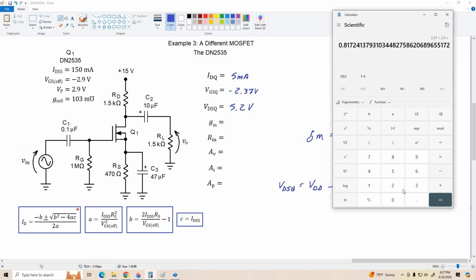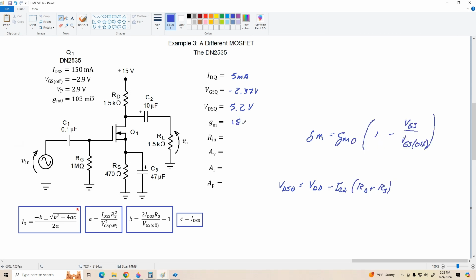We'll subtract 1, ignore the negative sign, and multiply that times GMO of 103, and that gives us about 18.8 millimhos. Okay, ignore the negative sign there. So 18.8 millimhos.